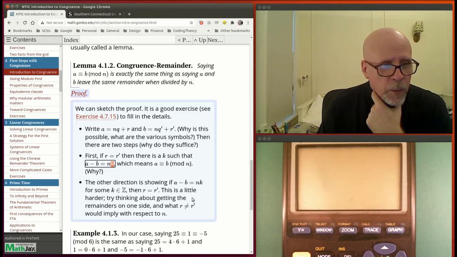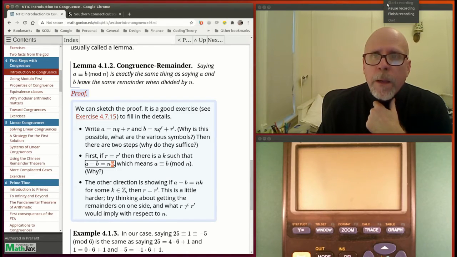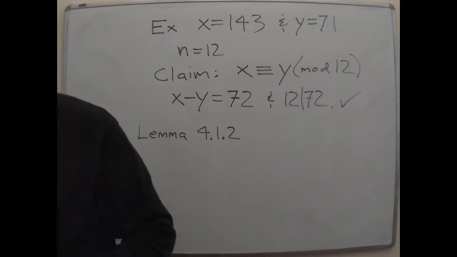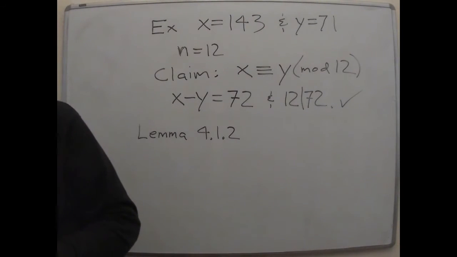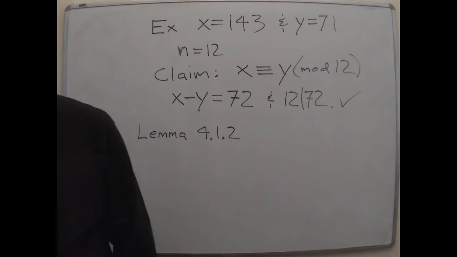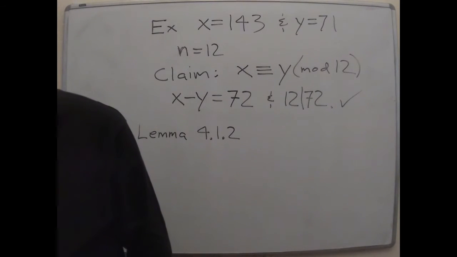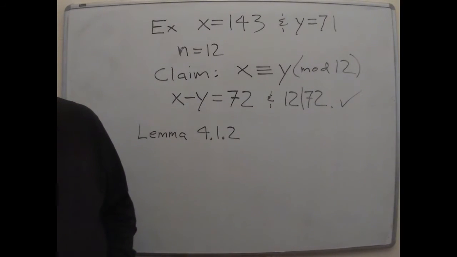So let's go back to the whiteboard and I'll show you that. All right, so we're back to the board here. The thing we're trying to prove then is lemma 4.1.2.